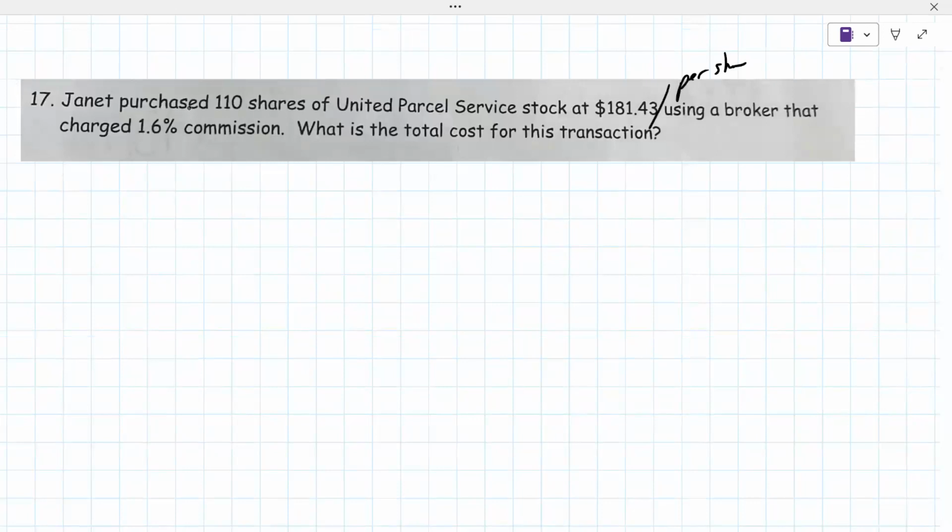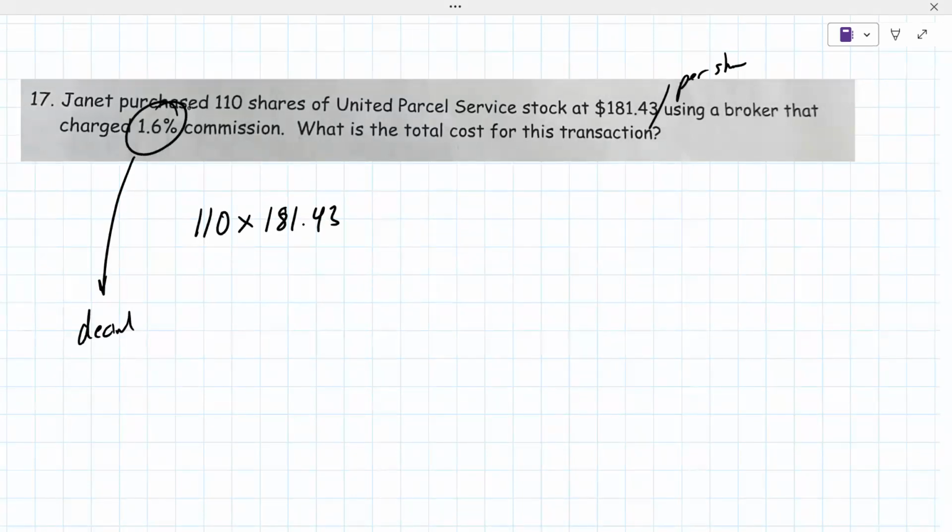It's 110 times 181.43. That will tell you how much you bought. And then the commission is charged on the total. So you have to convert this to a decimal, which would be 0.016. Notice the order doesn't matter when you're multiplying.